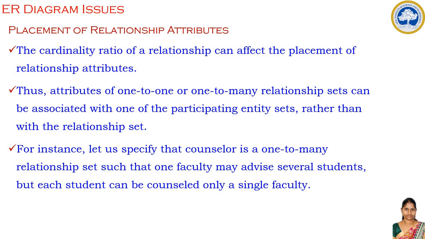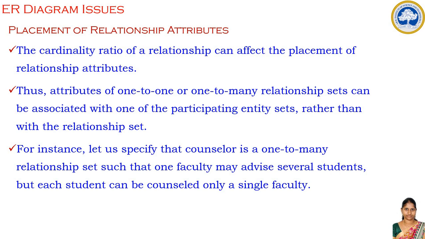For example, the student and faculty, where the relation is counselor or mentor, so that we are able to indicate with the attribute from which date onwards the faculty became the mentor of that particular student. So the placement of relationship attributes is also one of the issues of the ER diagram.